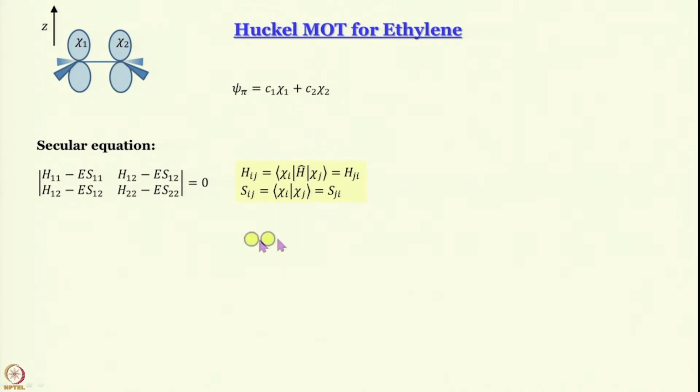The second one is very easy to understand, it is a product of two functions integrated over all space, sequence does not matter. The first one would be easy to understand if this Hamiltonian was for that particular atom, but you can be confused a little bit because chi i and chi j are atomic orbitals, and atomic orbitals belong to different atoms. Do not forget the Hamiltonian is of the entire molecule.